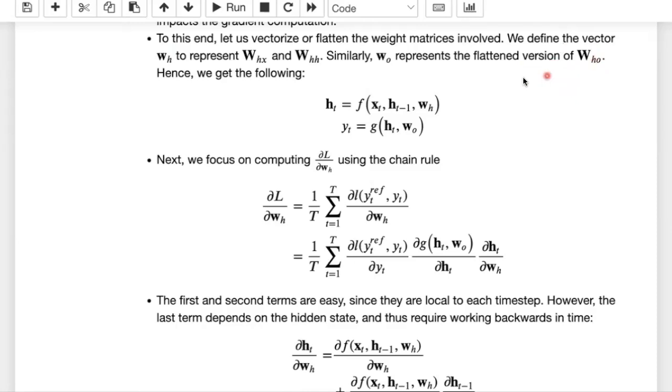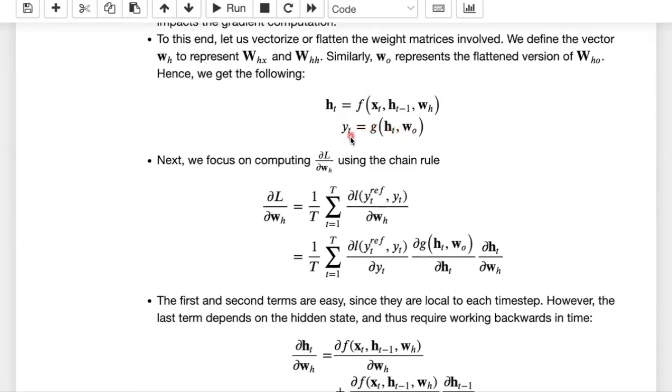We vectorize that too, and therefore we get these two key equations here: at each time step we have an input, we have a hidden state from the previous time step, and then we have this WH, and this gives us the new hidden state, and then the hidden state at time t and WO will give us the output.